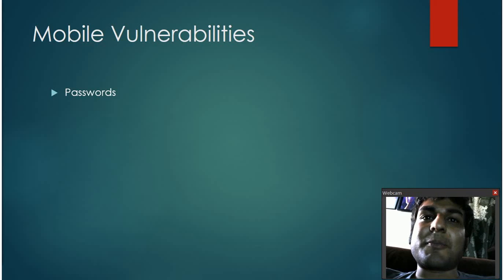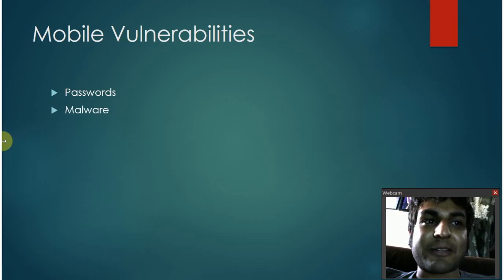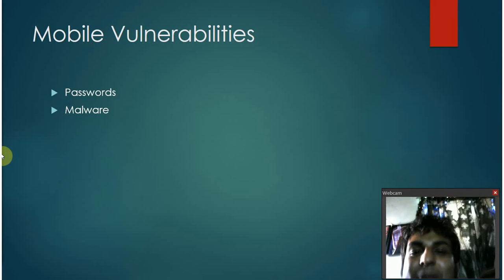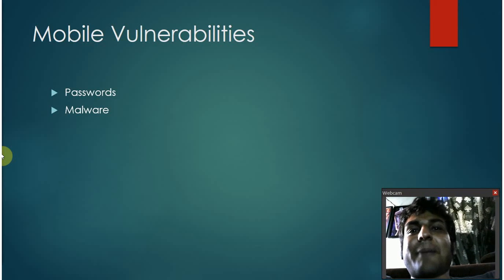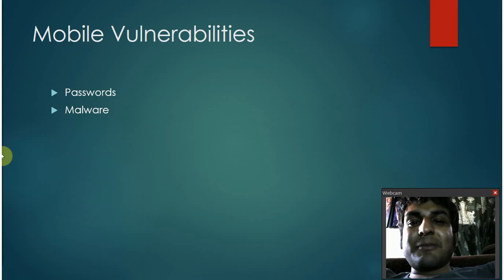Next thing here would be malware. Going back to how there are apps for everything, it's because people can make their own apps and submit them to the App Store or the Play Store pretty easily.